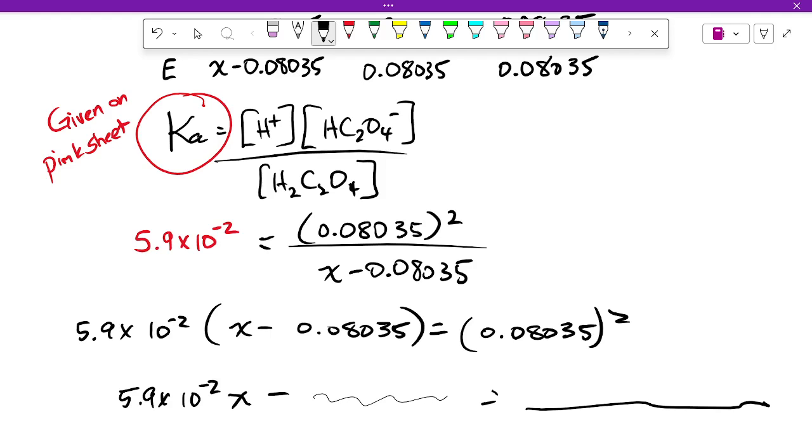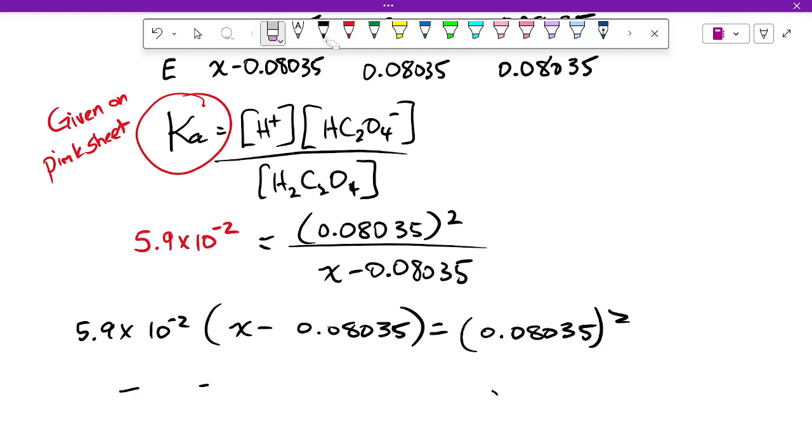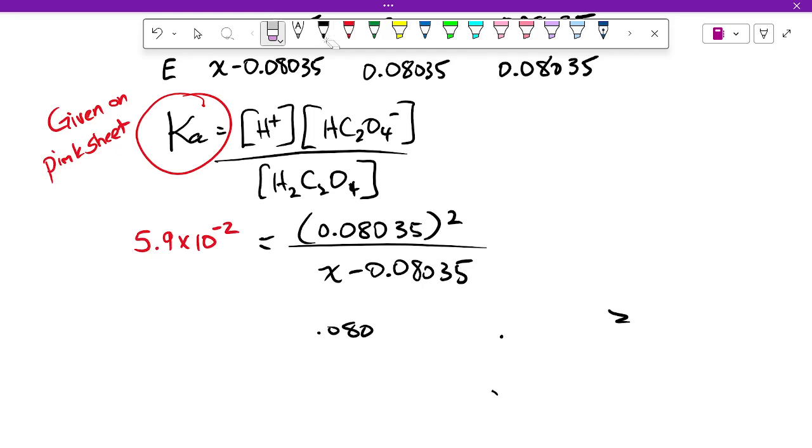But what I could do instead of multiplying this all out: 5.9 times 10 to the negative 2 times 0.08035 equals 4.74 times 10 to the minus 3. This seems horrible, yes? Lots of numbers all over the place. You can get by with a lot fewer numbers by bringing this guy up here.